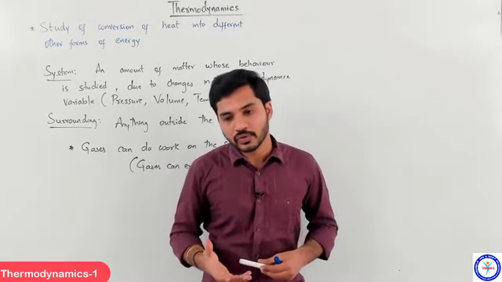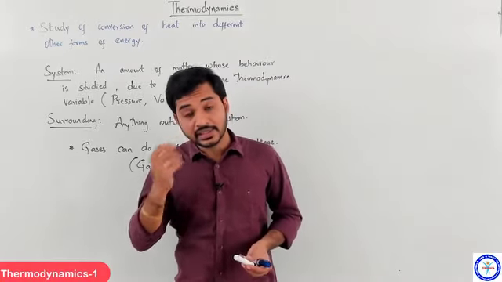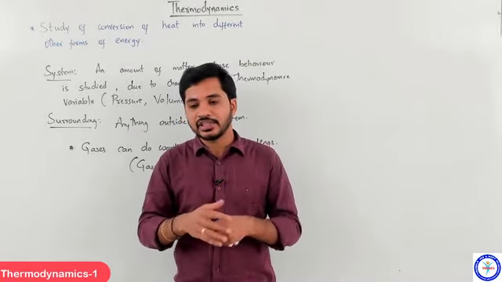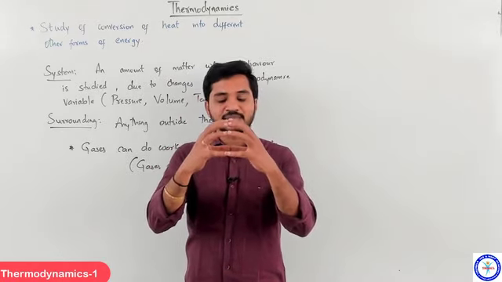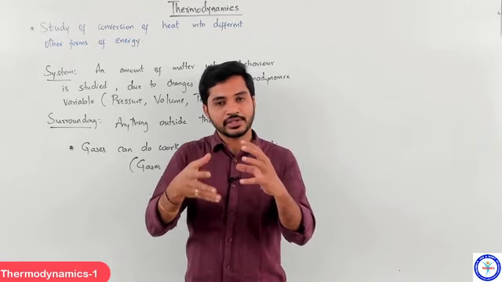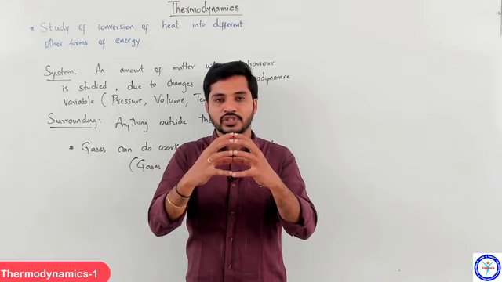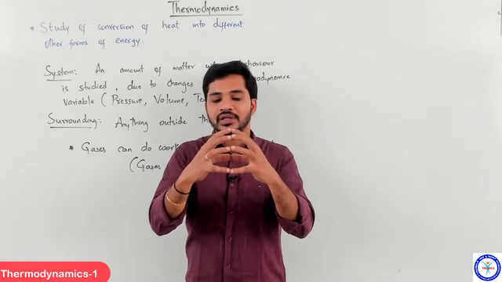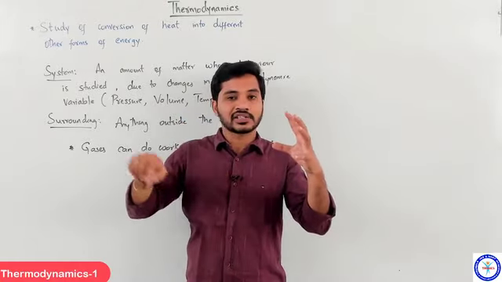So if a gas is expanding, the idea here is that, initially, let's say the gas is present in this much amount of space. Now I have supplied heat to it, and the gas is expanding like this. From this volume, the gas has expanded to this much volume, which means it is now occupying a larger volume.